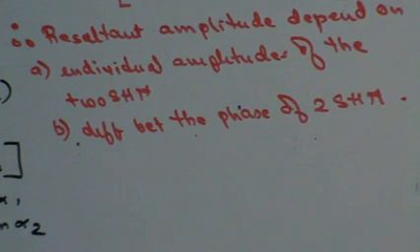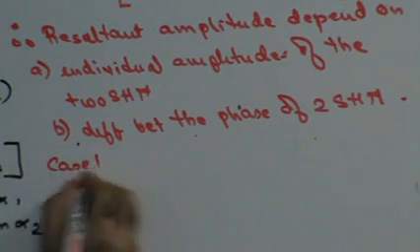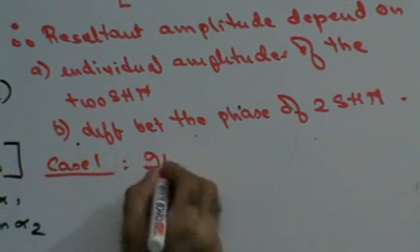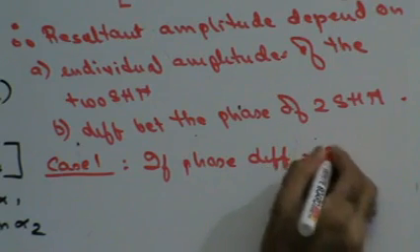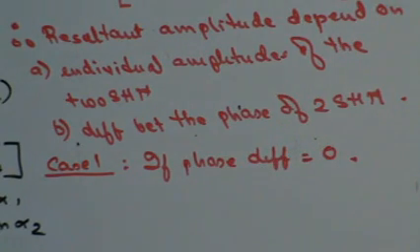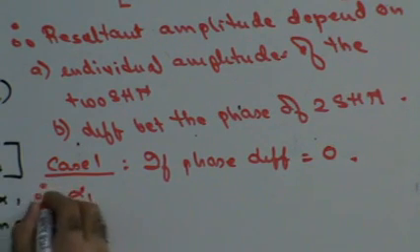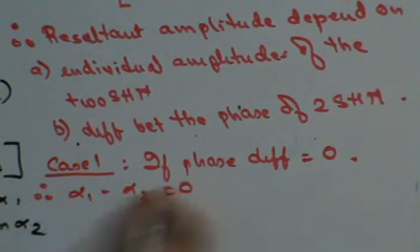Let's consider case 1, if the phase difference is 0. Phase difference is 0, that means alpha 1 minus alpha 2 is 0.